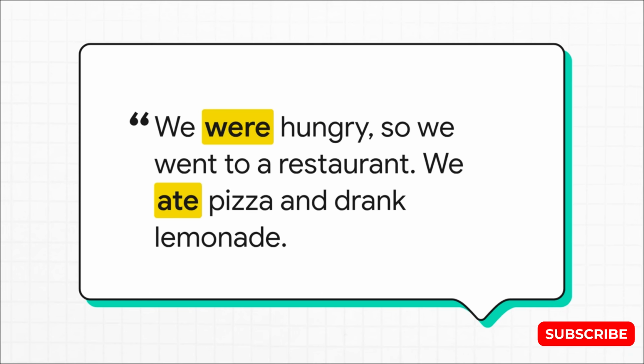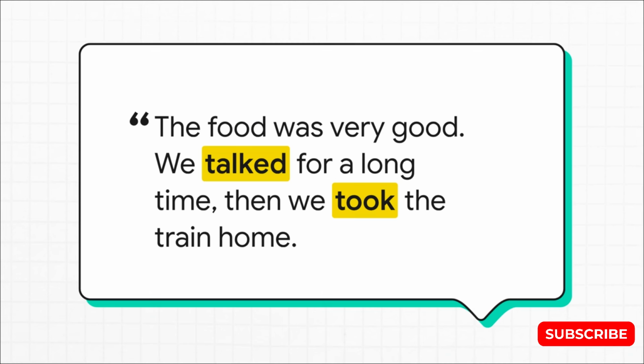And the story keeps building. Why did we go to a restaurant? Because we were hungry. And what did we do? We ate pizza and we drank lemonade. Two more of those key irregular verbs, making the story feel real. And here's how we wrap it up.